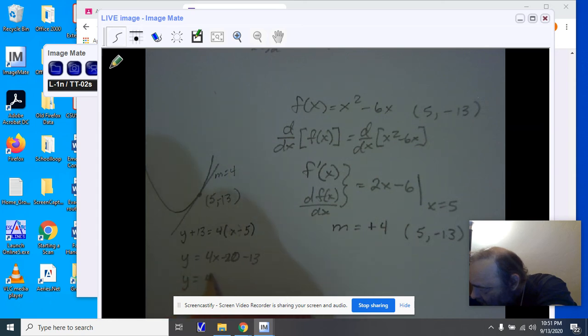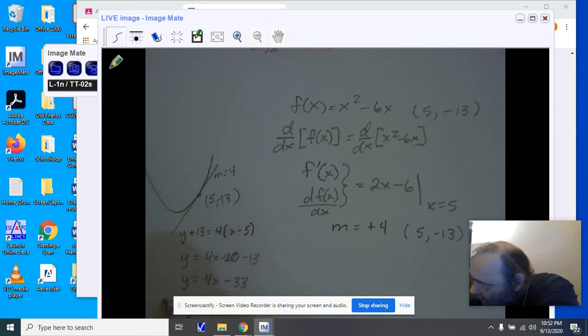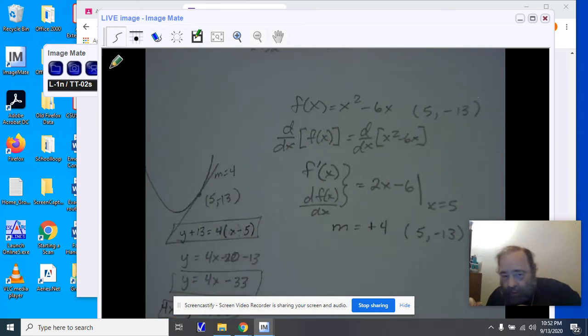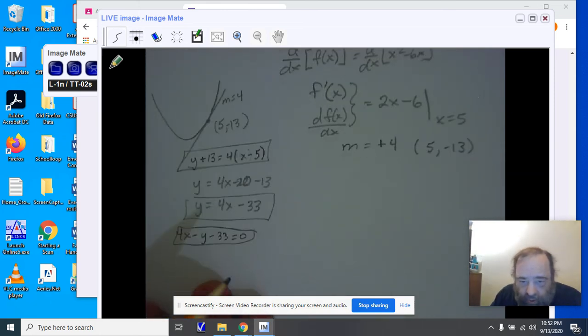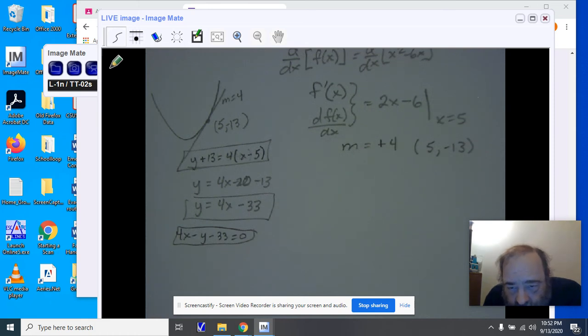So we could have the equation of the tangent line written in this form, or potentially 4x minus y minus 33 equals 0. All of these are equations of the tangent line. It is up to you which of these three forms you're going to use, but I'll be honest, I prefer that one right there.